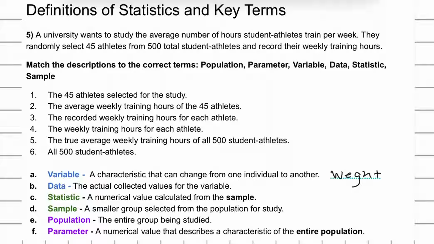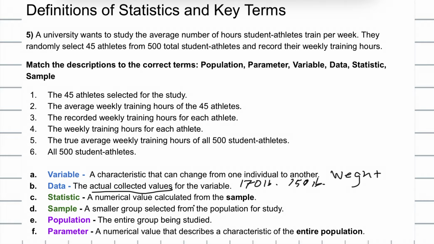And the actual collected values could be one person is 170 pounds, another person is 150 pounds, and so on.